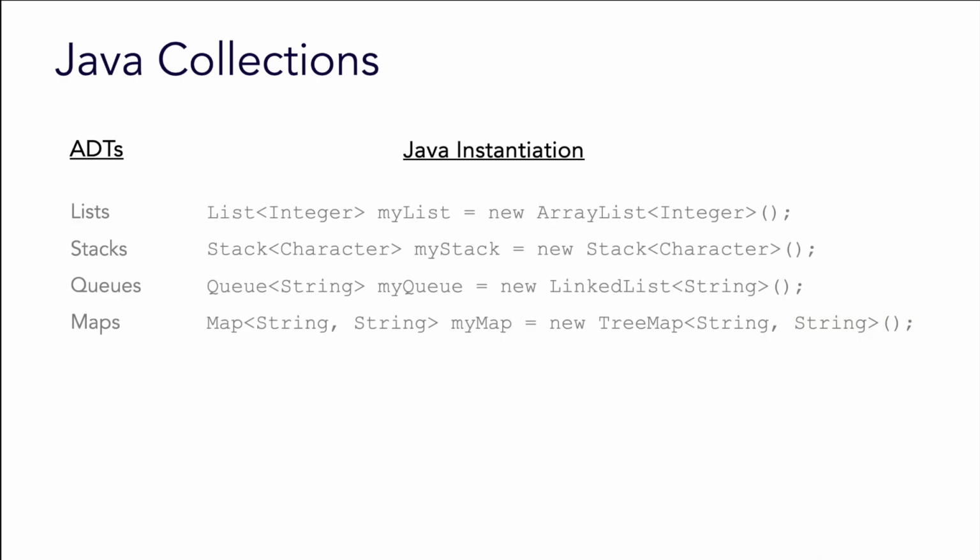If I want to make a list, I am going to use an object that I know implements the List interface. It happens to be called ArrayList. So I'm going to make my object type the ArrayList and my declared type List. That way, this variable knows that it will have the List functionality, but under the hood, I know that the ArrayList is what's doing the implementation.